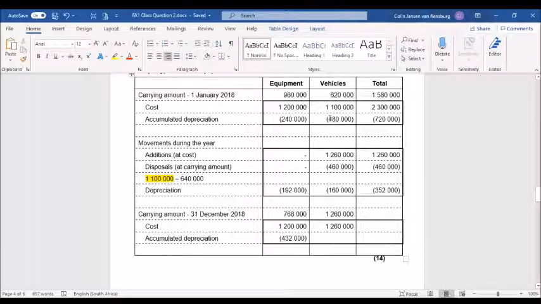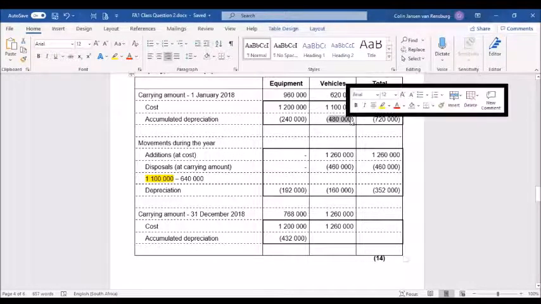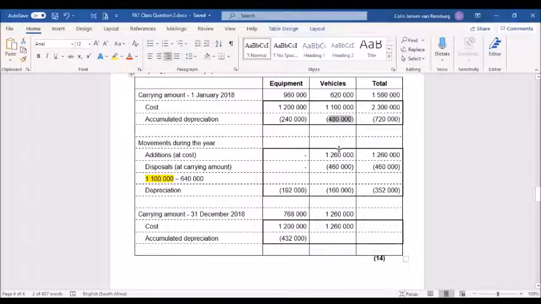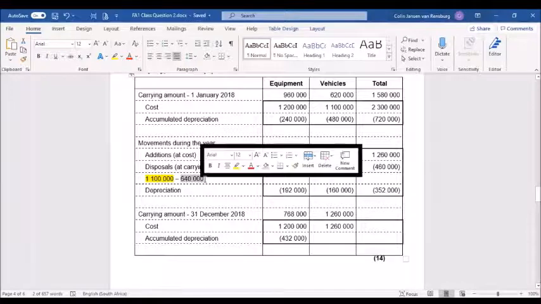Now let's only look at the accumulated depreciation. So we started the year off with a minus 480,000, right? Then we took out 640,000, right?